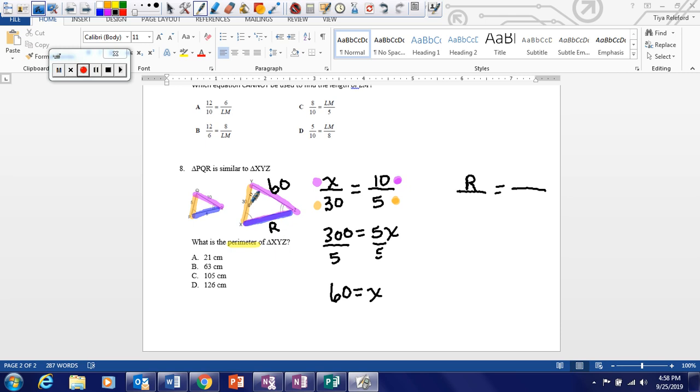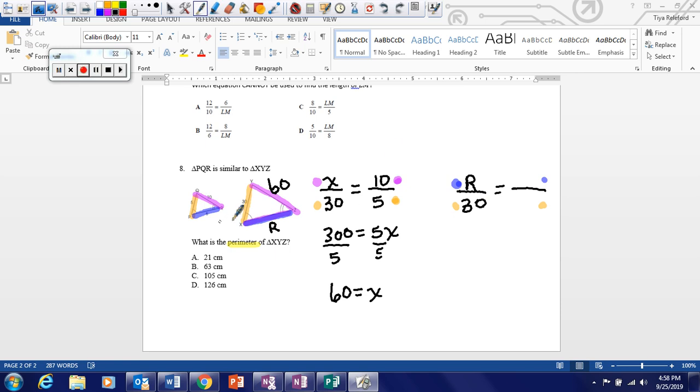Now I get to choose between 30 and 60 because I have two numbers in my triangle. I'm going to choose the small number because that sounds easier to me. But sometimes you get to make a choice. So I have a blue R and an orange 30. So I need blue and orange on the other side.